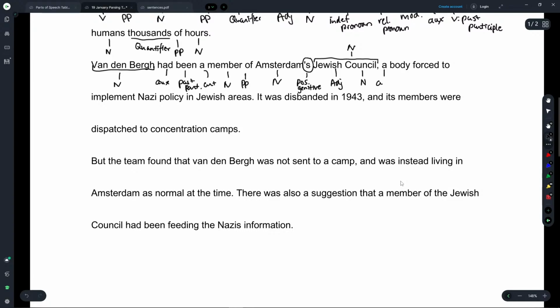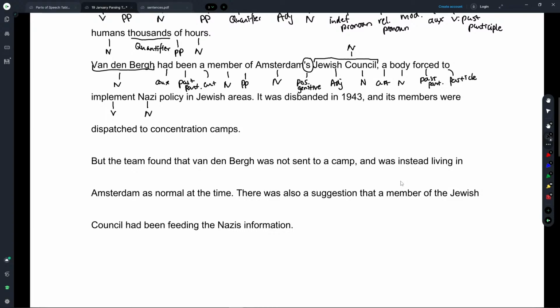A, article. Body, noun. Forced, past participle. To, particle. Implement, verb. Nazi, verb. Oh, sorry, Nazi is not verb. Noun, that's not funny either.